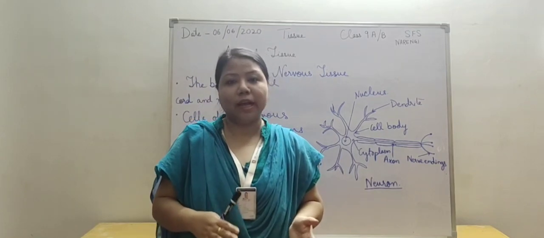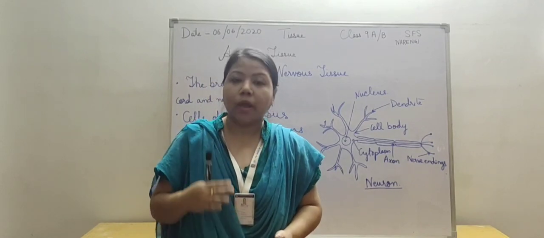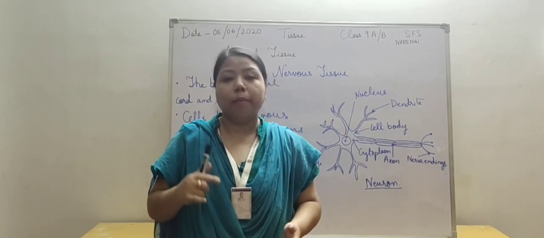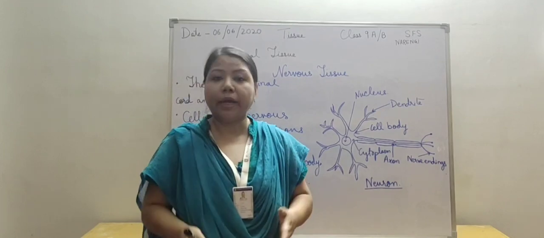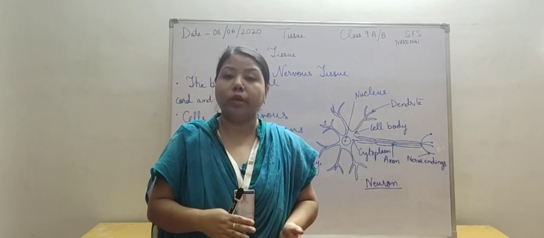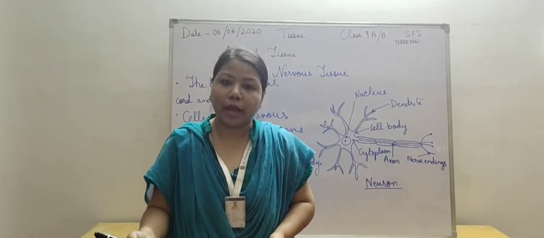Earlier I said that the movement of the body takes place due to the muscular tissue. Yes, it takes place due to the muscular tissue, but the muscle cells are again stimulated by the nerve cells, or the nervous tissue, which helps the muscular tissue to perform the action.